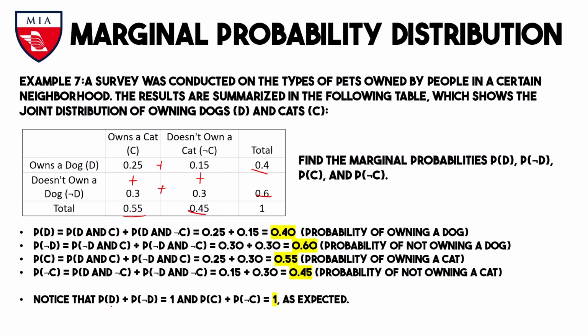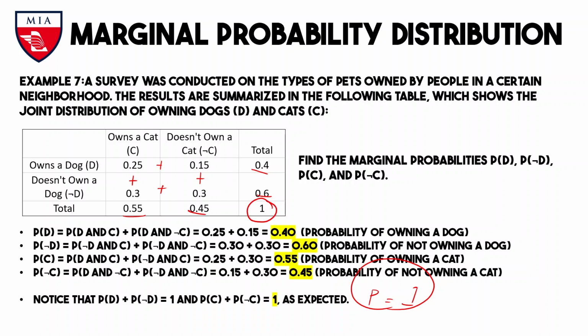Okay. So, notice that P of D plus P of D-bar is equal to 1 and P of C plus P of C-bar is equal to 1, as expected. Because based on the rules of joint probability distribution, the sum of all probabilities should be equal to 1. So if you look closely at this table, the total of the probabilities is equal to 1.